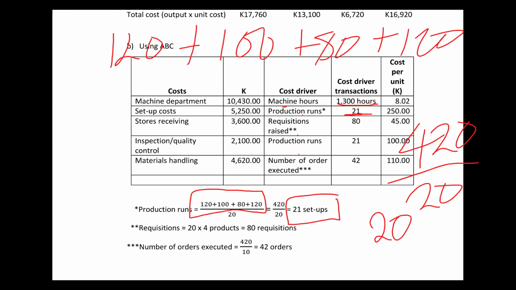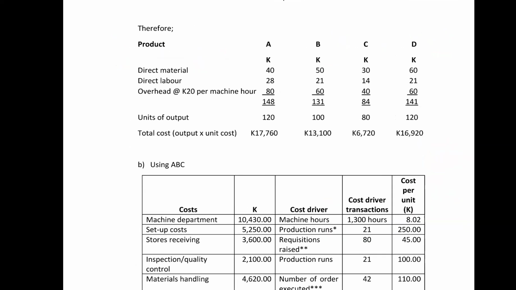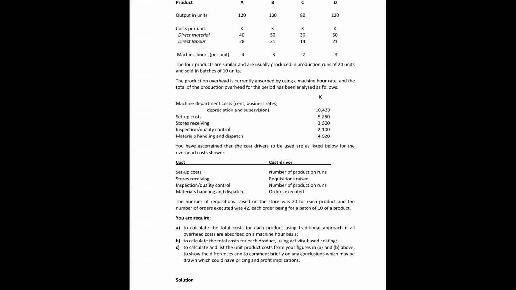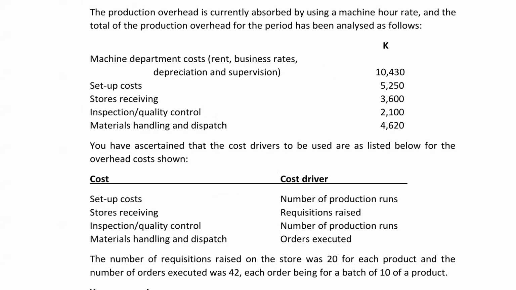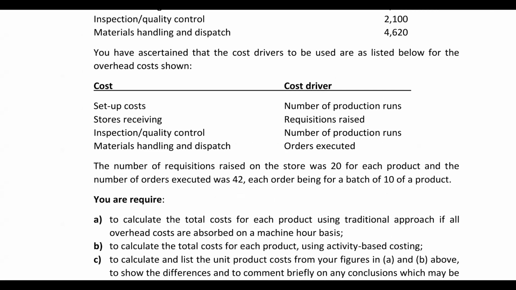Then for the number of requisitions, what does the question say? Let's go back to the question a bit so that you know how many total requisitions there are. Look at this nicely. I'll underline it.